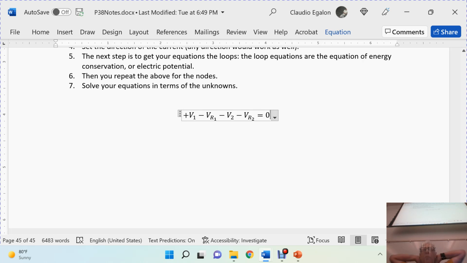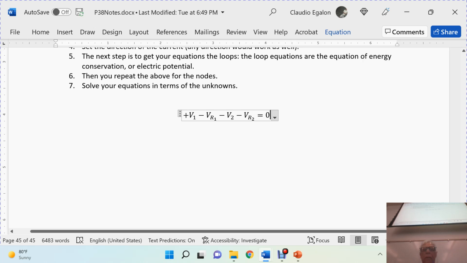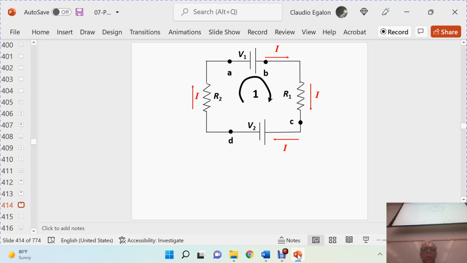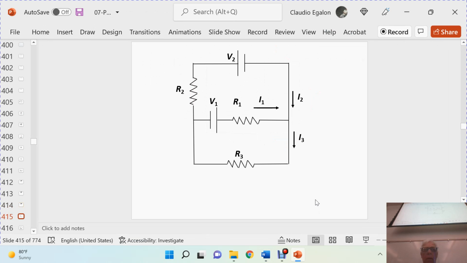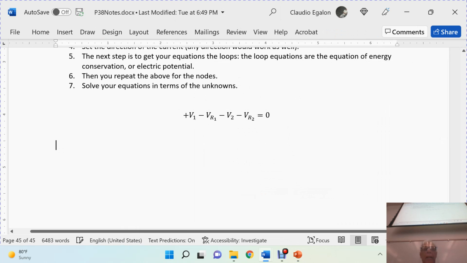Despite having two batteries, two power sources in there, this is one of the simplest types of problems that you're going to see. Later on you're going to see other problems that involve not just multiple loops, but also multiple nodes. Let's not underestimate this problem.